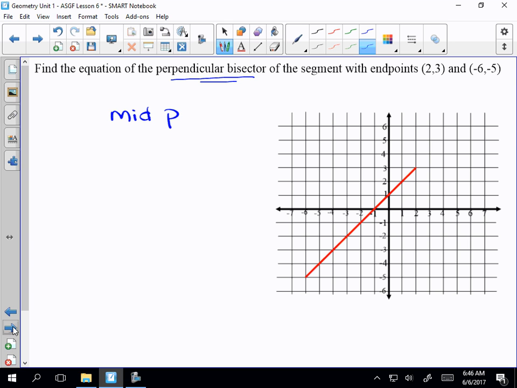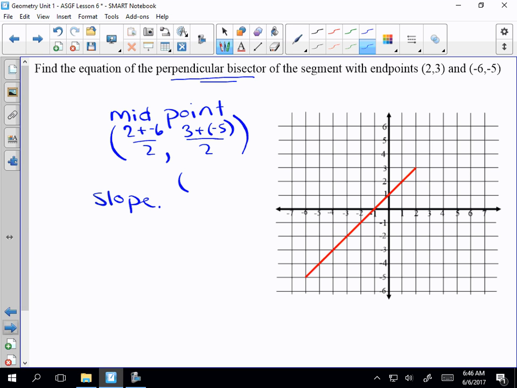Okay, so in this case, we need a midpoint value and we need a slope value so we can write our line equation. So now, for midpoint, we have to average our x's, 2 plus a negative 6 divided by 2. We have to average our y values, 3 plus a negative 5 over 2.